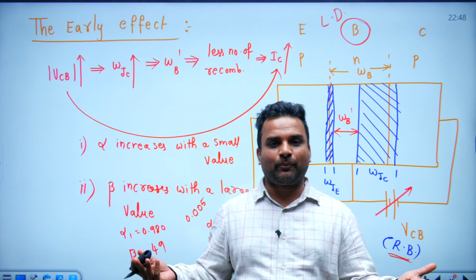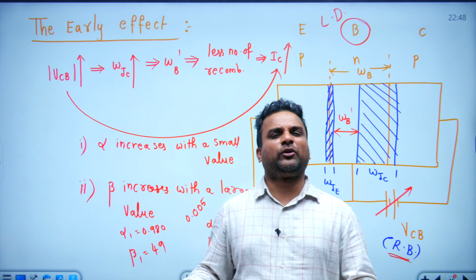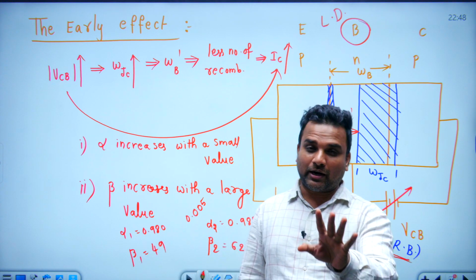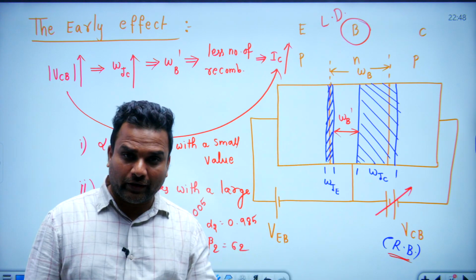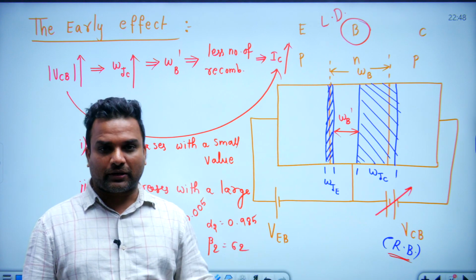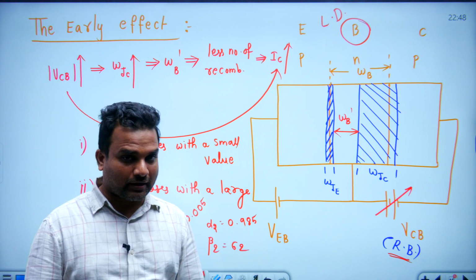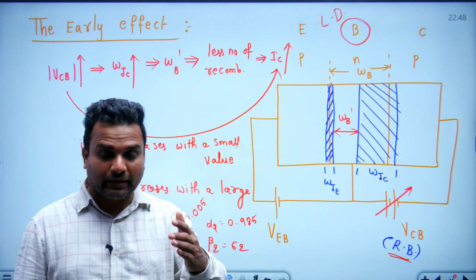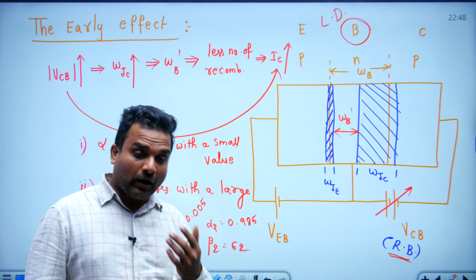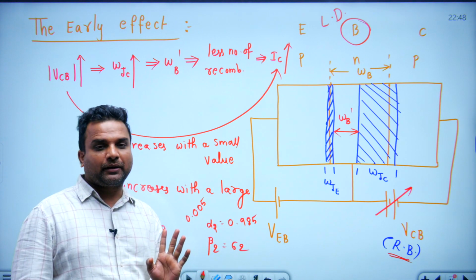Why don't you do that? No, I can't go with VCB to a very high value to get more and more collector current. It is not like that. There is a practical maximum value limitation. Yes, there is a maximum value limitation.